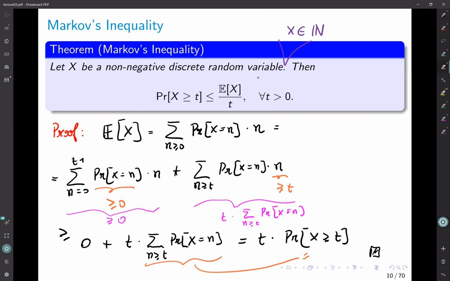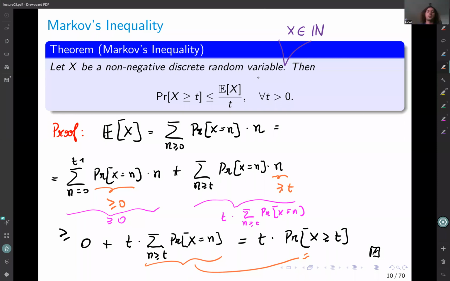But we were summing over natural numbers? A discrete random variable is a random variable that takes values over a discrete set, like a1 up to an, over the natural numbers. So your set is a countable set.